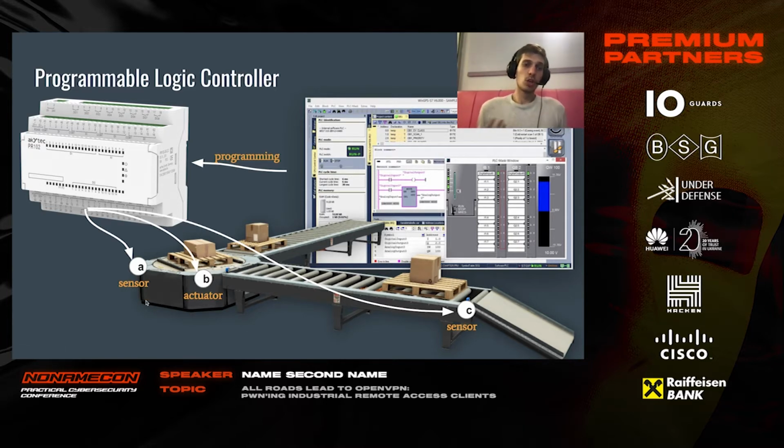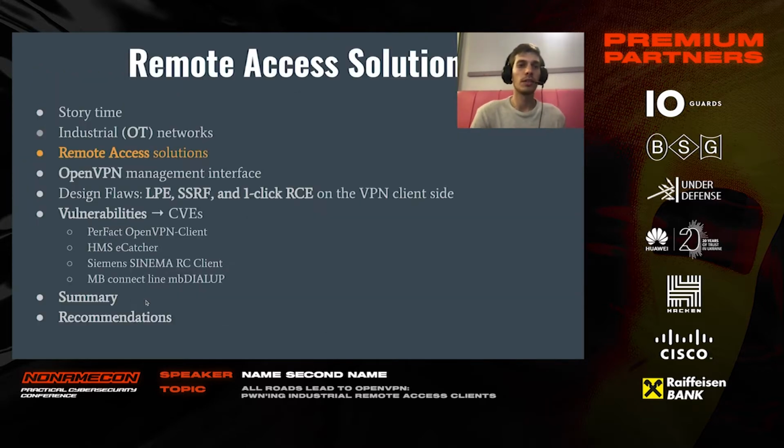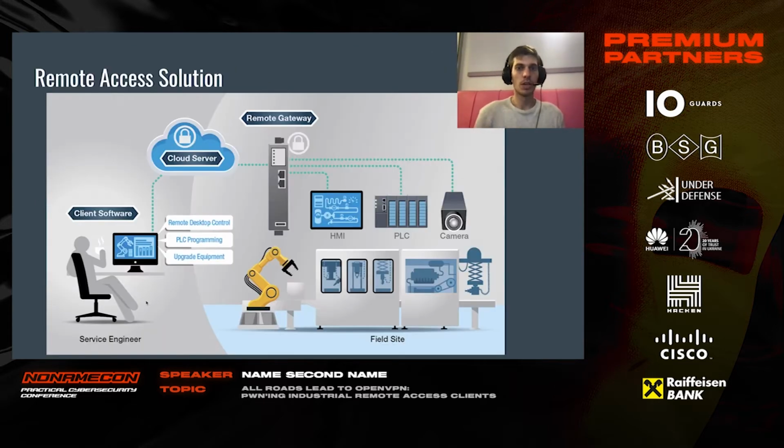And the goal of people managing, writing programs for, and maintaining these PLCs is to connect to them. So they need connectivity to these PLCs, and they do this with remote access solutions when they're working from home. This is a very basic scheme of how remote access solutions work.